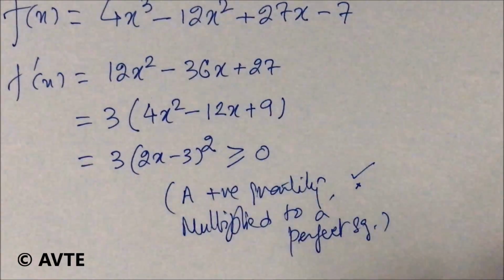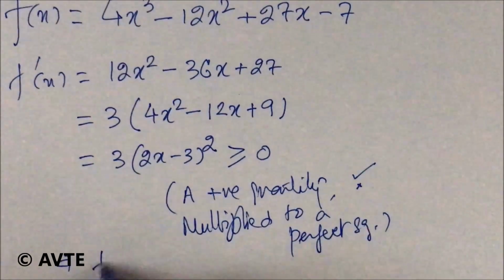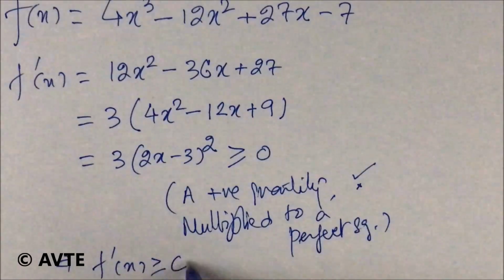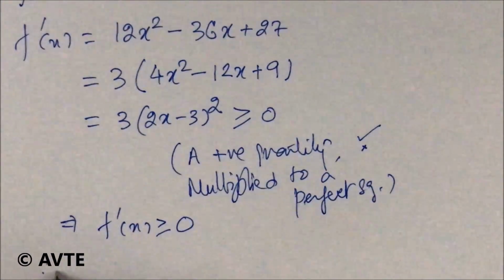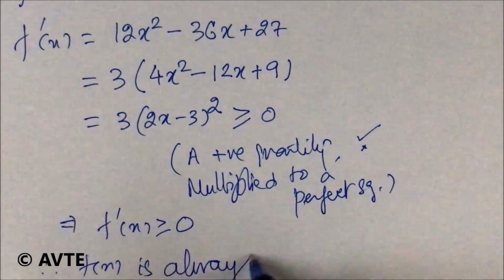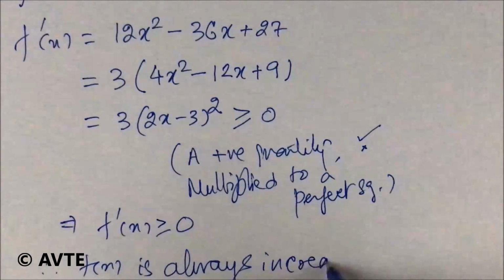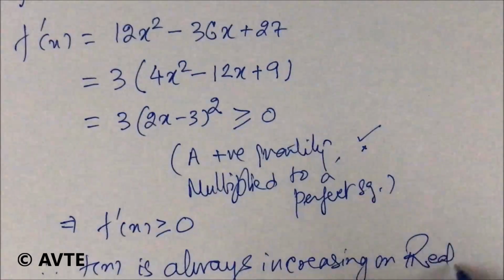So f dash x for any real value is greater than or equal to 0. This implies that f dash x, that is the slope, is always 0 or positive. Therefore, f(x) is always increasing on real numbers.